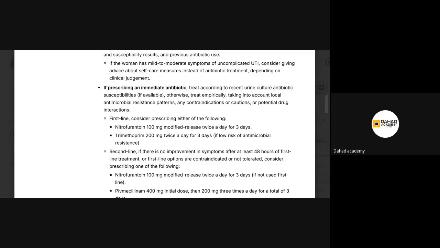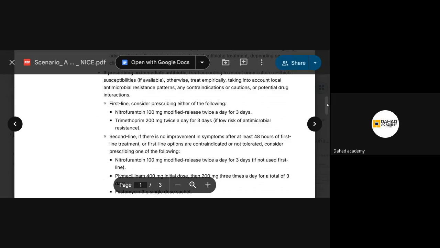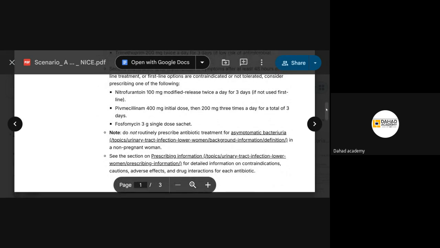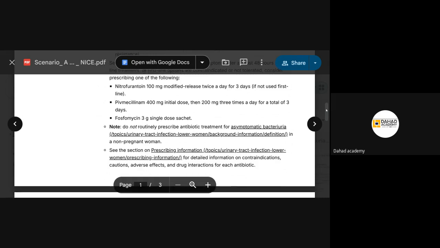He might give nitrofurantoin 100 milligrams BD for 3 days if she's a lady, and if she is a man or she is pregnant, he might consider giving it for 7 days. Nitrofurantoin and trimethoprim remain the first line, and pivmecillinam remains the second line, fosfomycin as well.